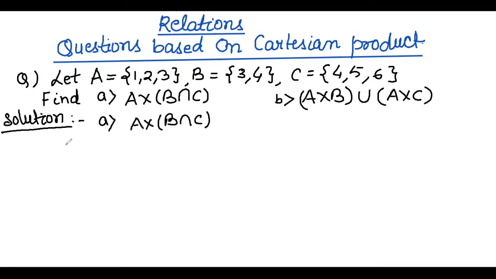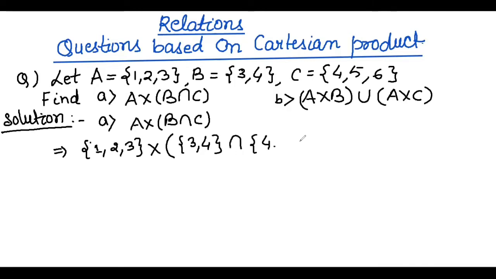So here, whenever we apply values, set A is 1, 2, 3 cross, then here set B is 3, 4, then intersection set C is 4, 5 and 6.